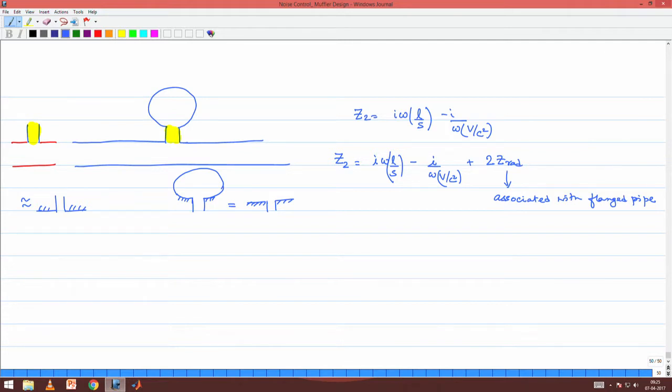So, the radiation impedance associated with the flanged pipe is given as Y times k square r square by 2 plus I Y k r into 0.85.